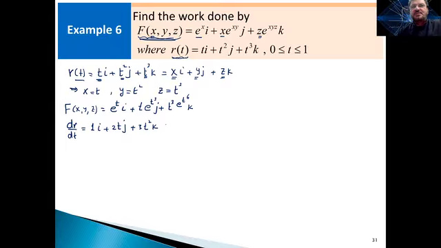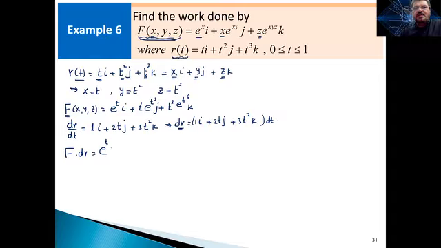which implies that dr, what's dr here? It's 1i plus 2tj plus 3t squared k, all of this times dt. Now I'm going to find F dot dr, guys. F dot dr, which is what?